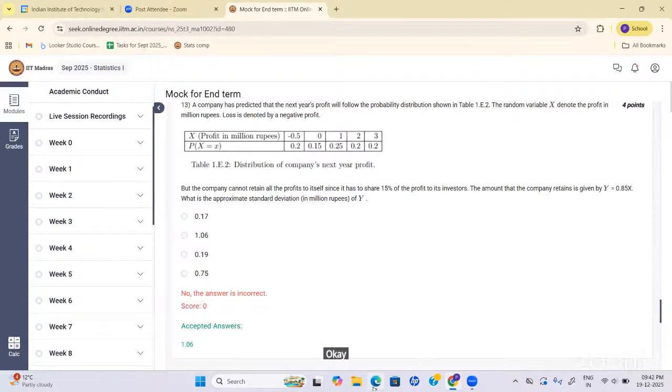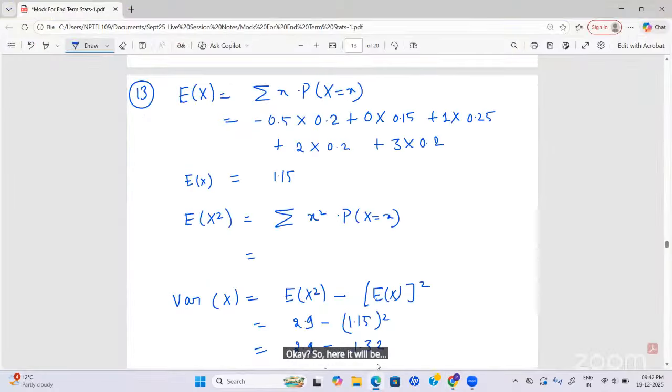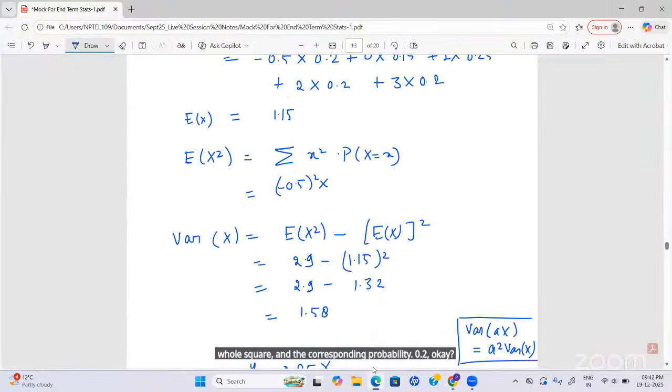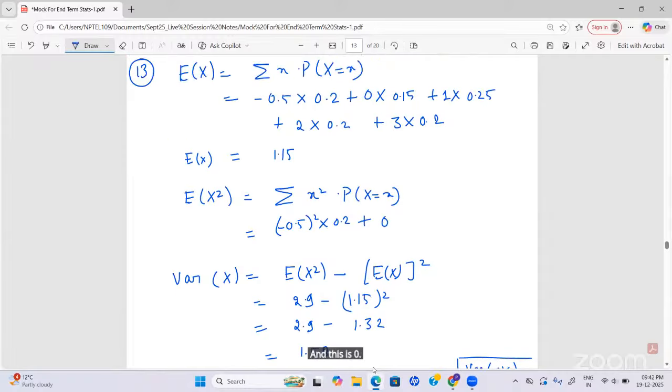So here it will be minus 0.5 whole square and the corresponding probability 0.2. Next is 0 square into 0.15, 1 square into 0.25 plus 2 square 0.2 plus 3 square 0.2. It will be 2.9. Okay, ma'am. Thank you.